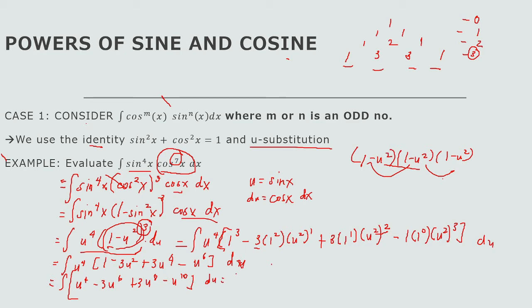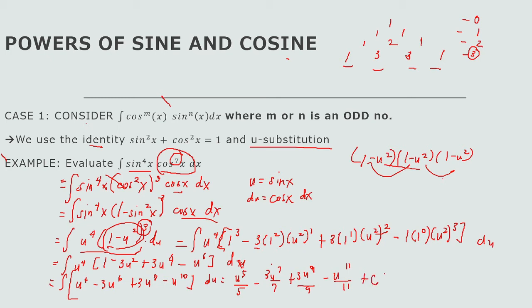So to integrate that one, this is u to the power of 5 over 5 minus 3u to the power of 7 over 7 plus 3u to the power of 9 over 9 minus u to the power of 11 over 11 plus c.